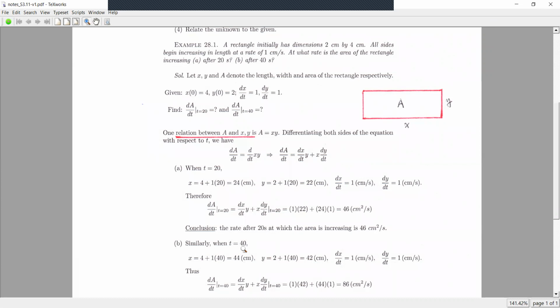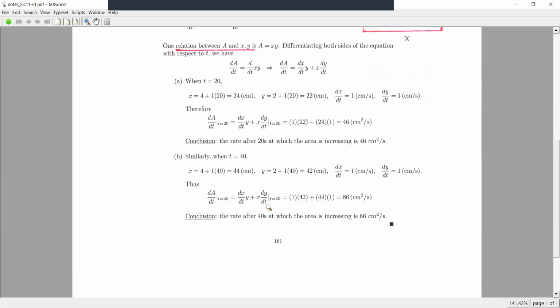When time is 40, the increasing rate of the length is 1, a constant. The increasing rate of the width is 1, constant. Plug in all this information into this equation. Then the increasing rate of the area at the time 40 is this.